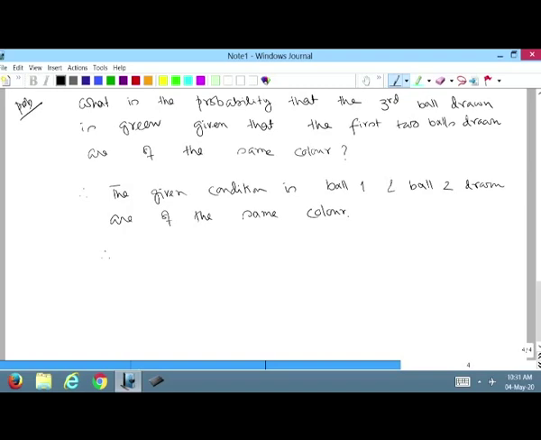That is, either both of them are red or both of them are green.